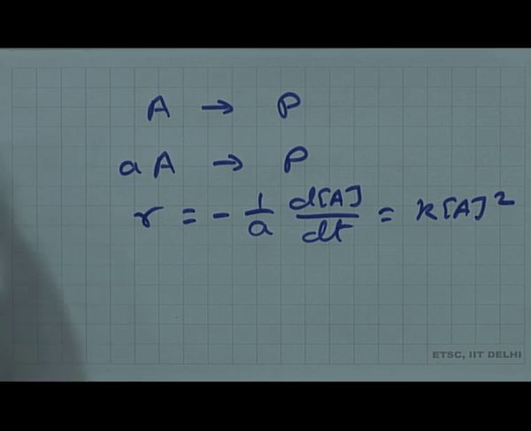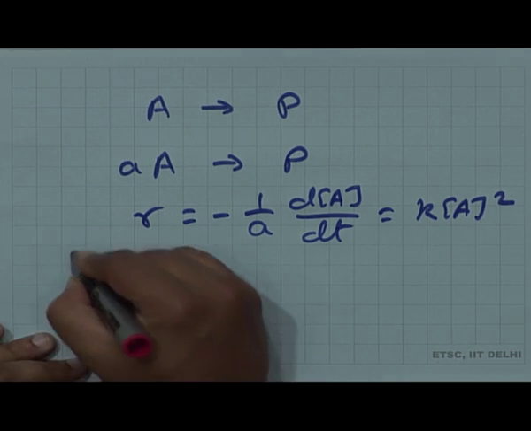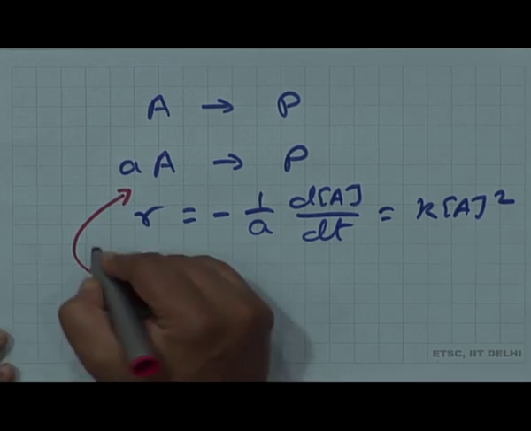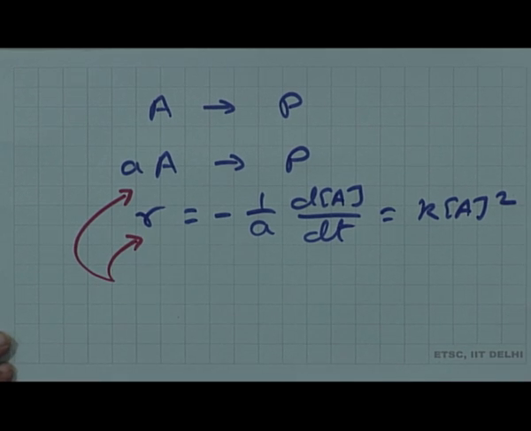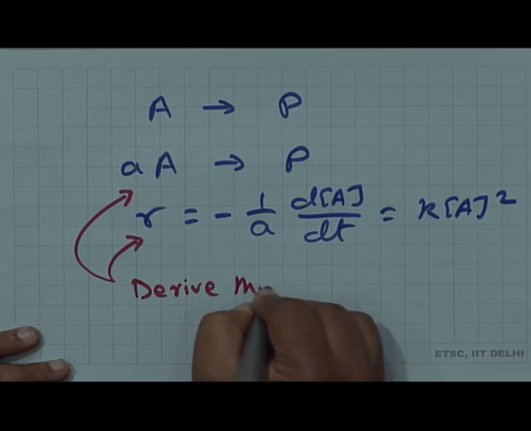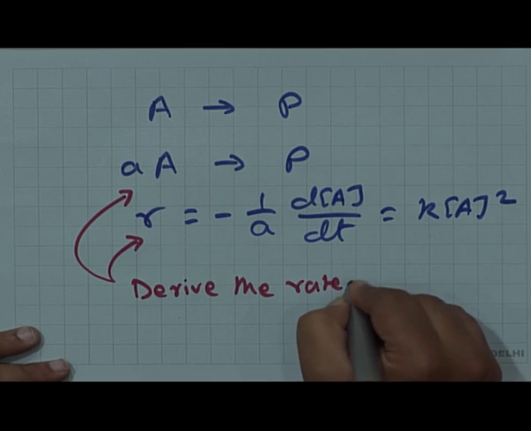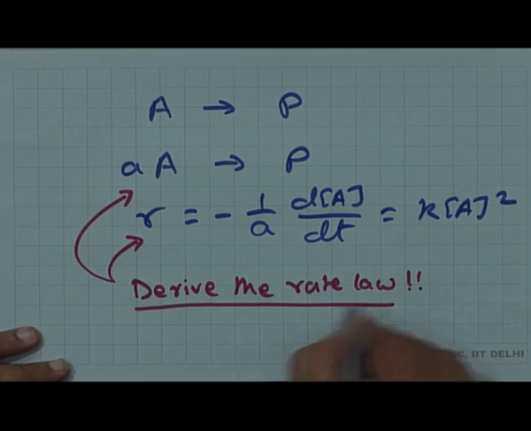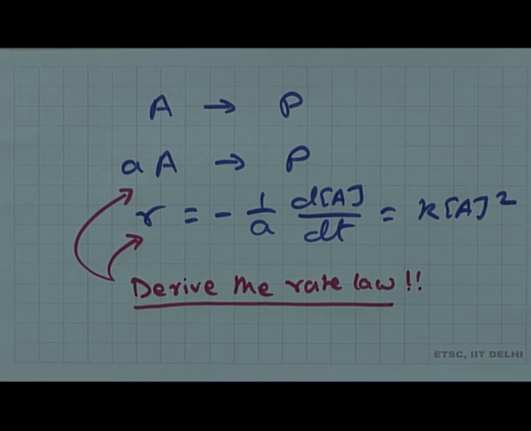So, what I want you to do is, for a reaction like this which follows second order kinetics, derive the integrated rate law, and see how it turns out, where this a, that is the stoichiometric coefficient, is coming in.